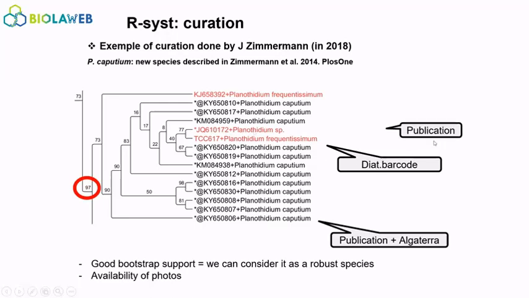Here, we are lucky too, there is a publication, so we can check the photos. And this one is from the team of Edouard Theriault in the United States, who deposited a photo of his culture on this website. So Jonas Zimmermann was able to change the name from Planotidium frequentissimum to Planotidium capucium and so on. Now we have a homogeneity of the species names in this clade.